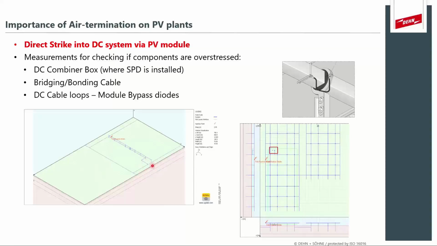So firstly, we will measure what happens at the DC combiner box. Then we want to measure what current is going through this bonding cable when it goes through to the pile into the grounding system. And lastly, the PV modules have DC strings and DC cables underneath them, as you can see here with the blue line and the green line.